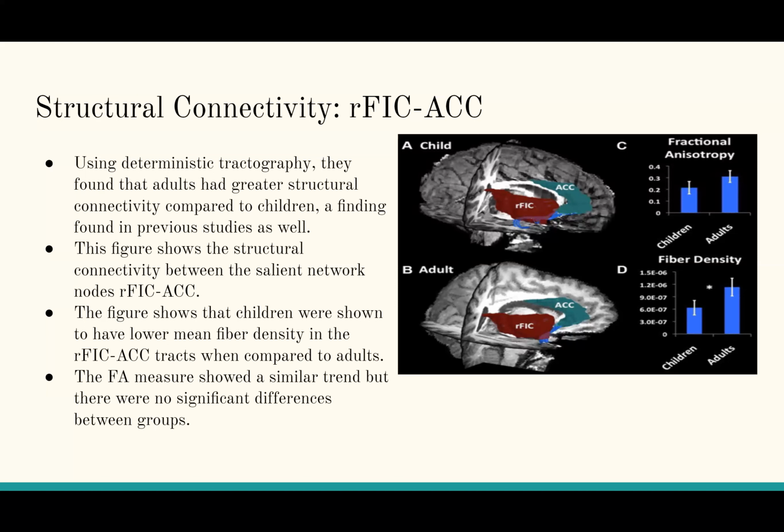A lower value means that diffusion is isotropic, unrestricted in all directions, but a higher value means that diffusion occurs only along one axis and is fully restricted along all other directions. That's a little background information on what these measures mean.